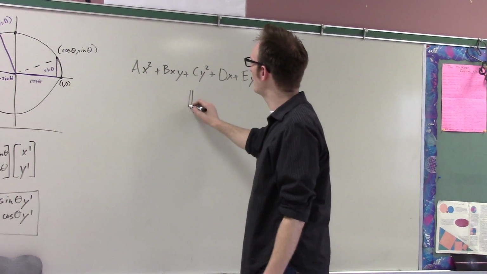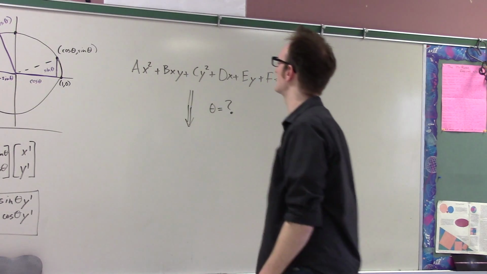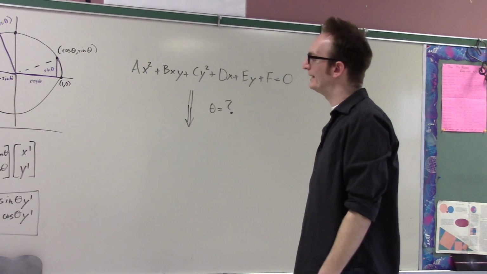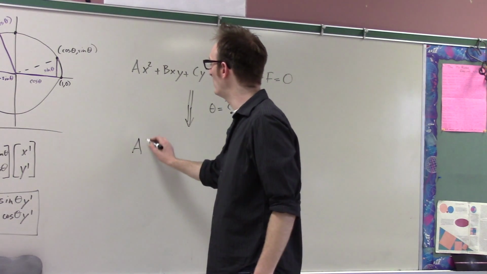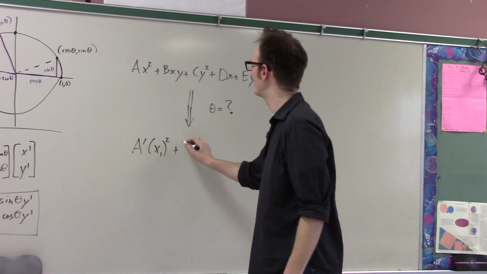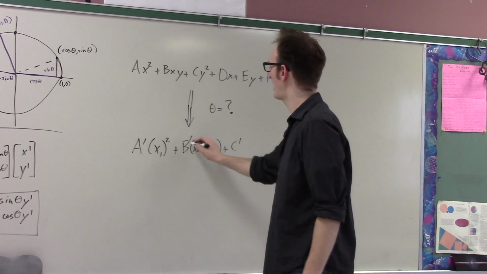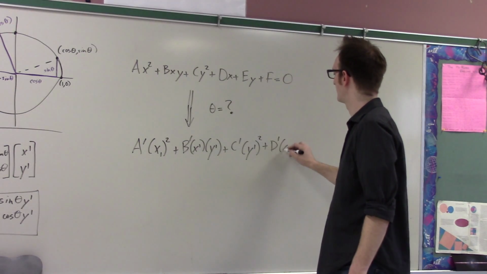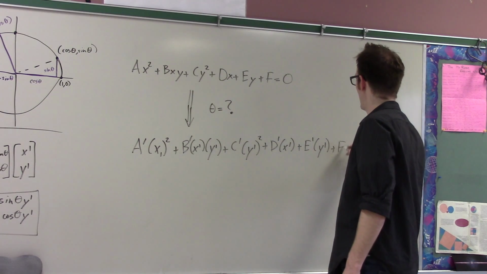So what I need to do right now is figure out what the theta is such that when I rotate the axes, I will get a new equation which is expressed in terms of x prime: a prime x prime squared plus b prime x prime y prime plus c prime y prime squared, because these are different, plus d prime x prime plus e prime y prime plus f prime.